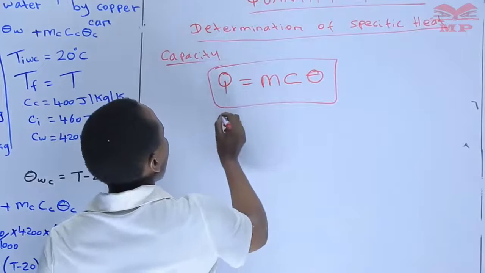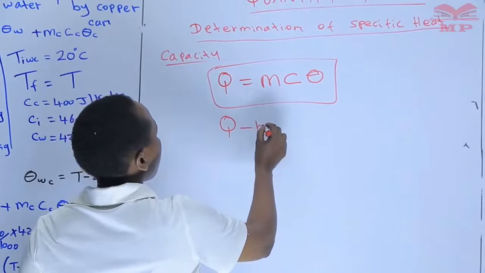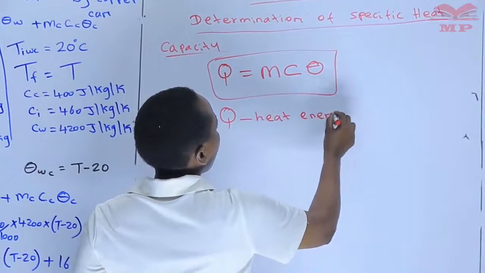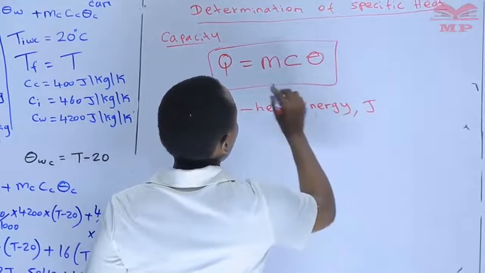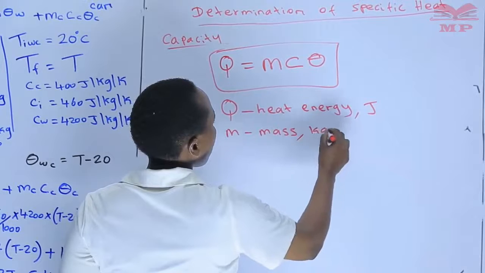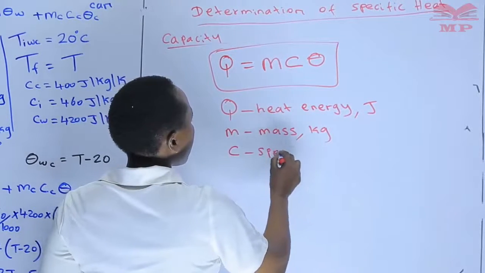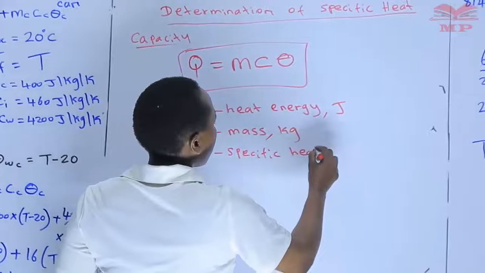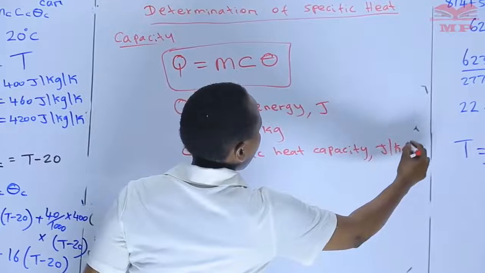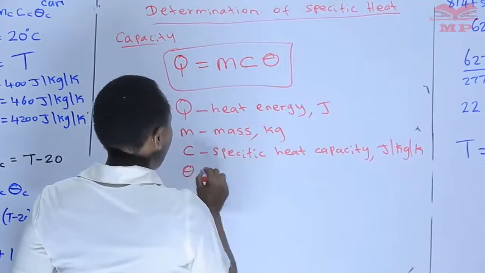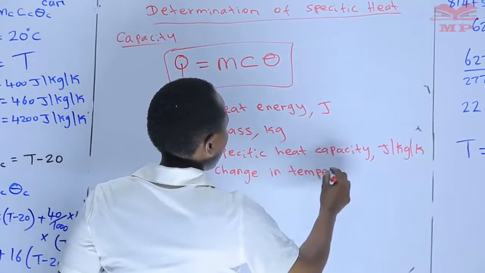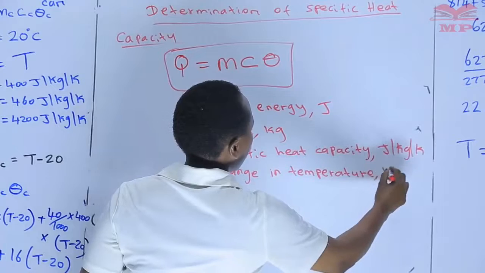So this is very key, where Q is the heat energy or the quantity of heat or the amount of heat in joules, where M is the mass of the substance in kilograms, C is the specific heat capacity in joules per kilogram per Kelvin, and theta is the change in temperature. This is the change in temperature in Kelvin.